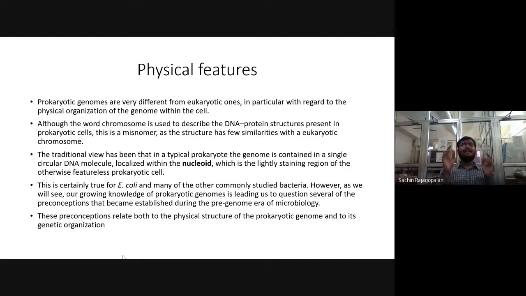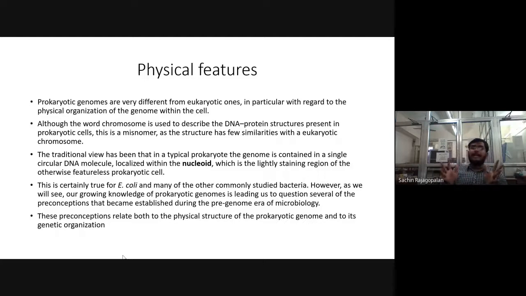It is not enclosed in a compartment, it is not enclosed in a nucleus, it is localized within a structure that we call the nucleoid. No doubt that here also we have proteins which are enclosing this DNA and packaging it in that circular form, which we refer to as the nucleoid.